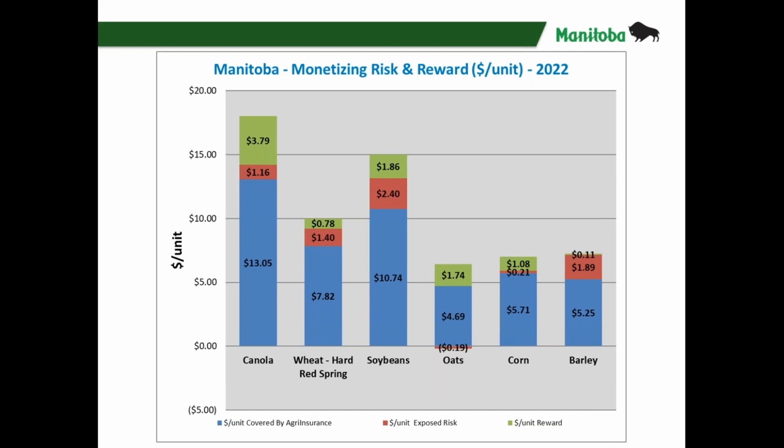Using these numbers for canola and for soybeans, we can start to see a tale of two different stories here.